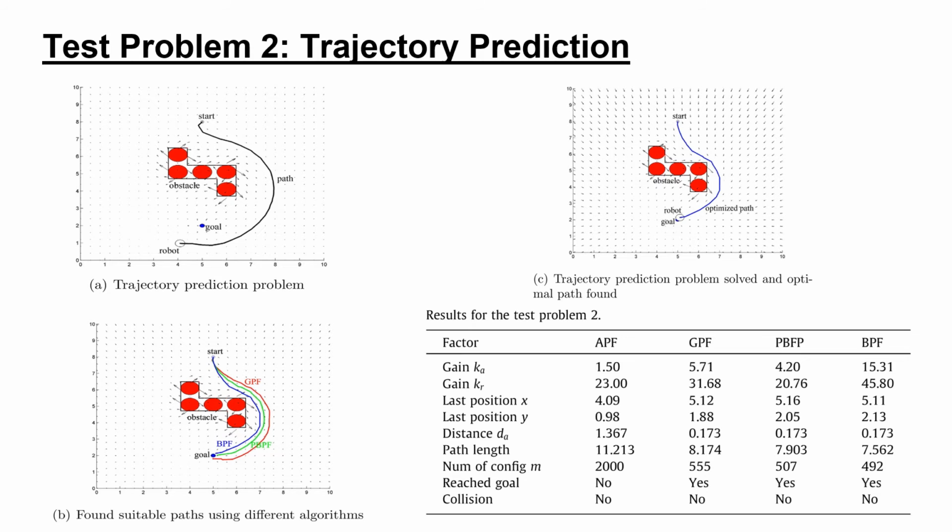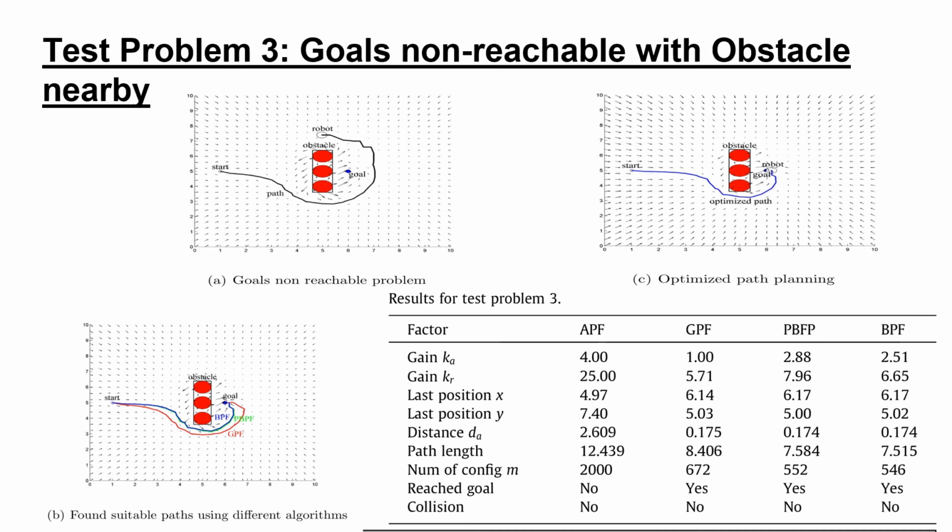So in the first figure, artificial potential field is being employed, whereas in figure B, you can see that other methods such as PPF, GPF, and PBPF have been employed. And here you can see that the robot does reach the goal position. And out of all these 3, the BPF method is the most optimal, as it has the least path length and the number of configurations is lesser compared to the other methods.